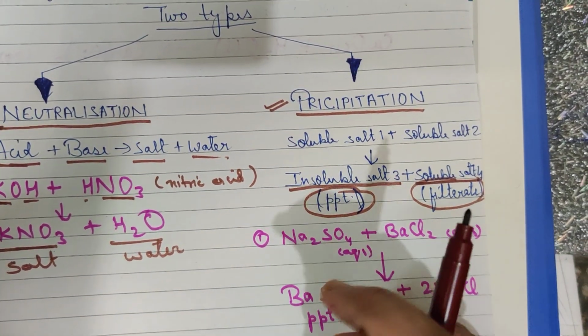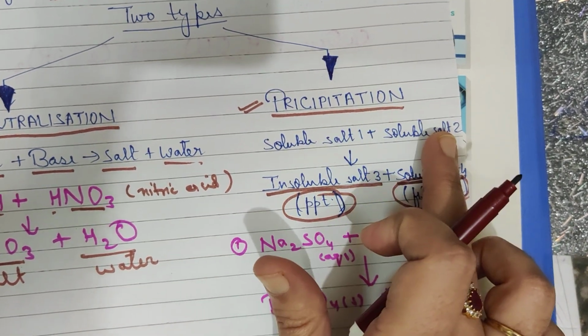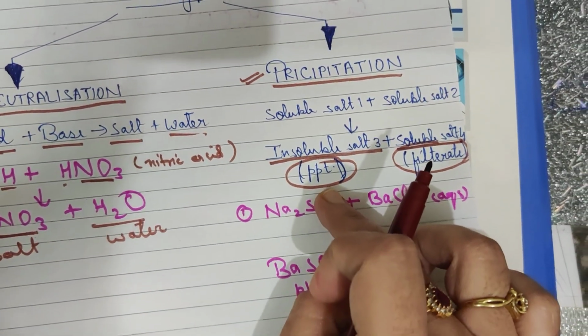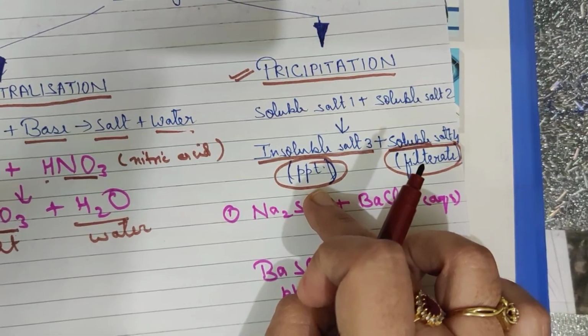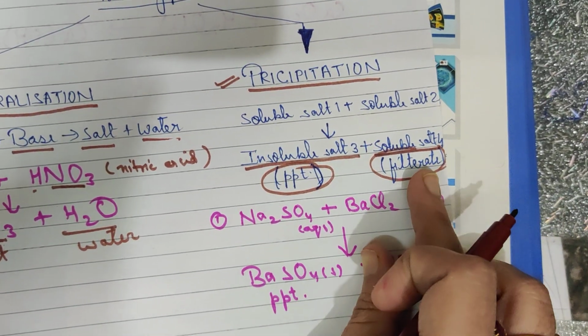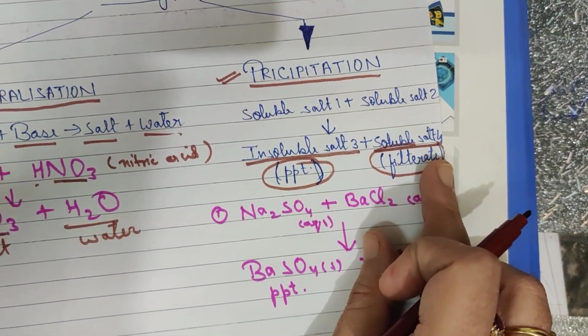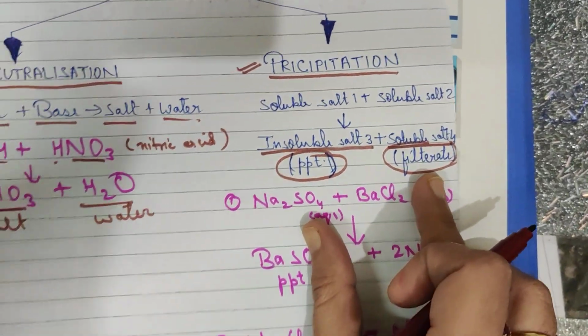I repeat, the two soluble salts are reacting together to produce an insoluble salt which will be known as precipitate, and soluble salt which will be present in the solution, it is known as filtrate.